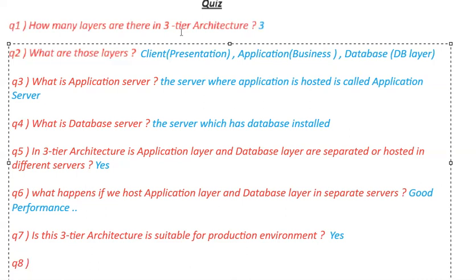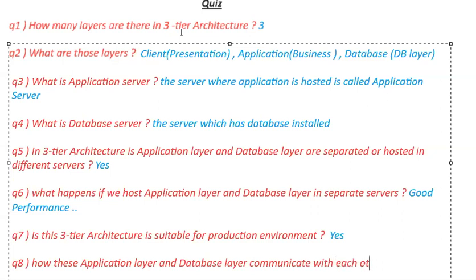So now the question is, you said, sir, that the application layer and database layer are connected in different servers. That means they are hosted in different servers. How do they communicate, sir? How do the application layer and database layer communicate with each other?